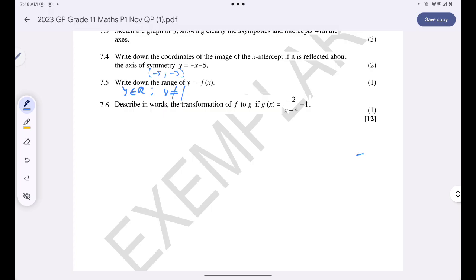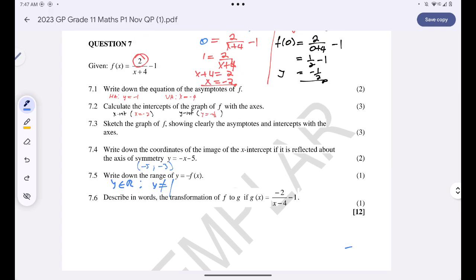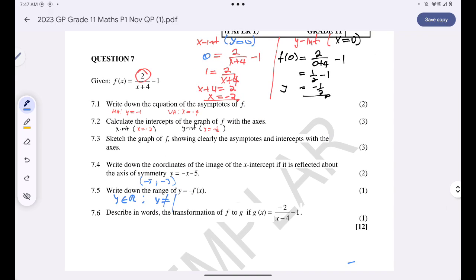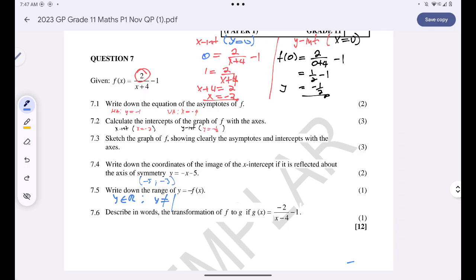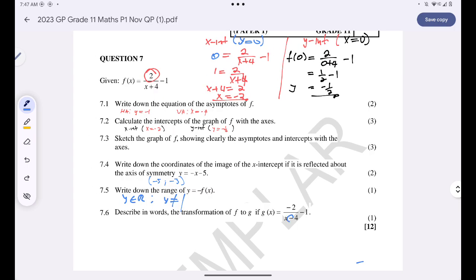Now we are supposed to describe the transformation that happened on f of x for us to obtain the graph of g. Okay, we can see that in f of x, this guy was positive, but now it's negative, and then the 2 was also positive, but now it's negative.